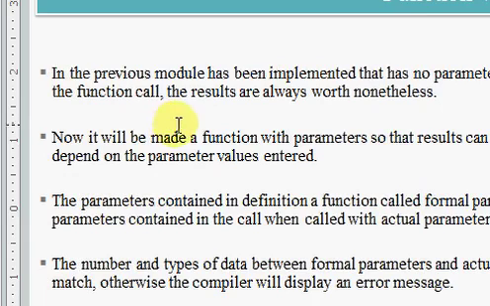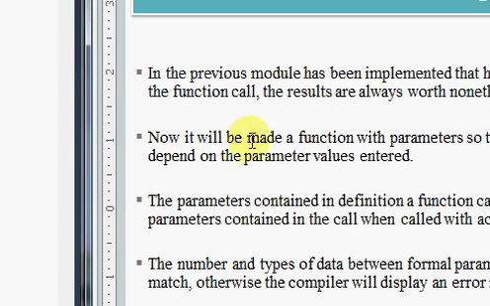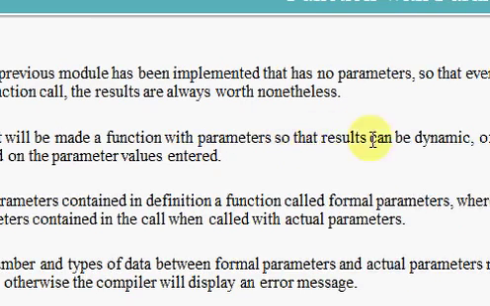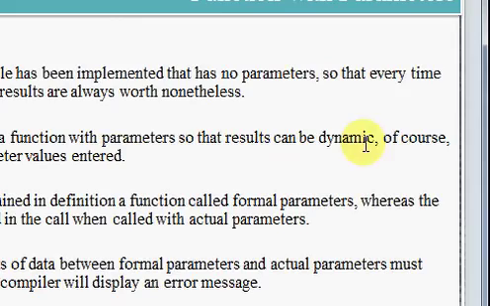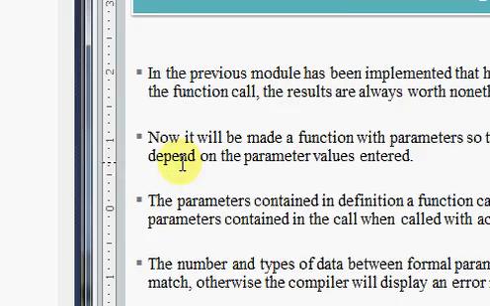In the previous examples, the functions implemented had no parameter, so every time the function was called the result was always the same. Now we make a function with a parameter so that the result can be dynamic, depending on the parameter value entered.